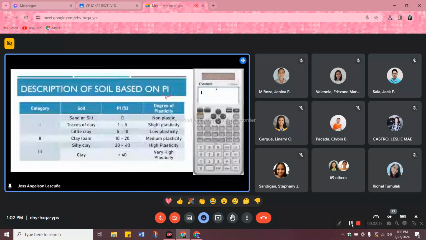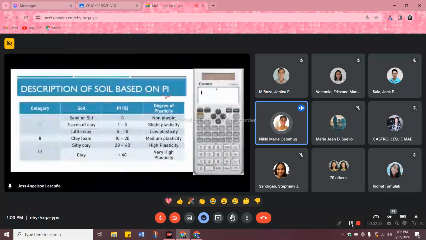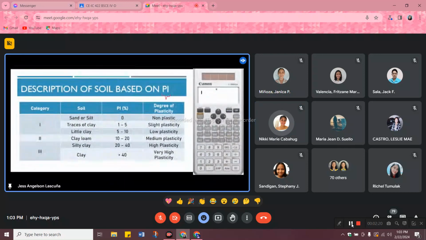So PI is our plasticity index. So plasticity index is, di ba na siya formula nga PI is equals to.